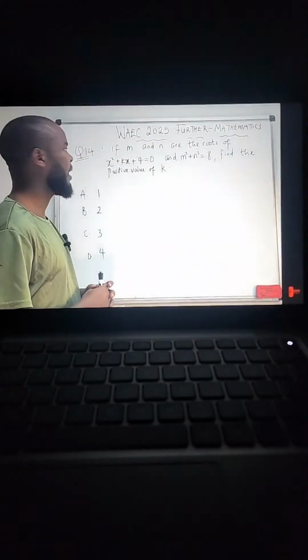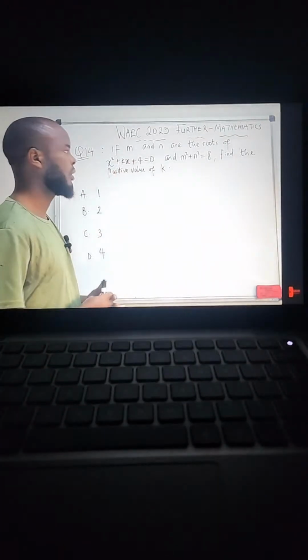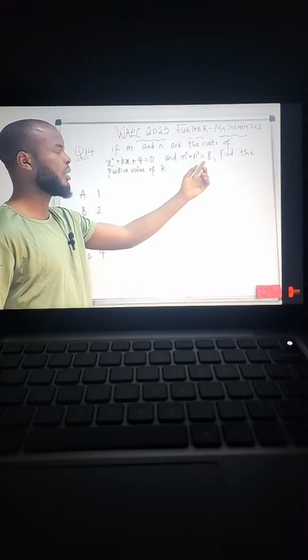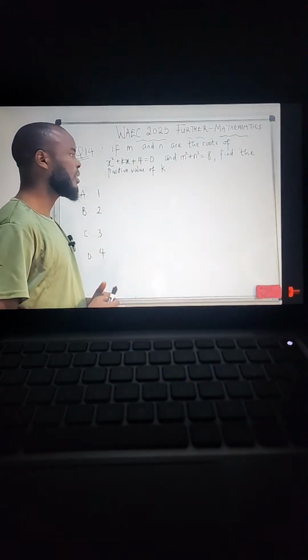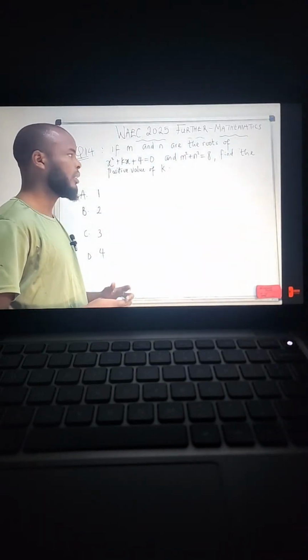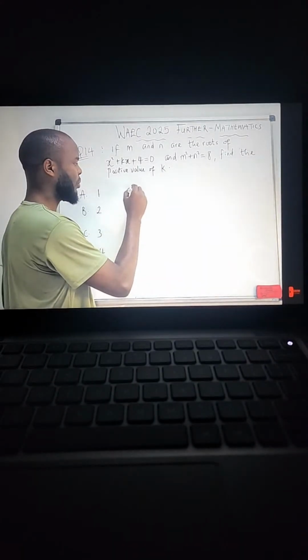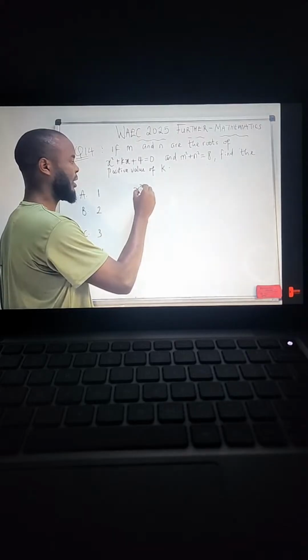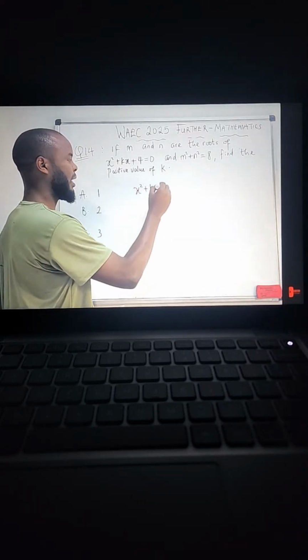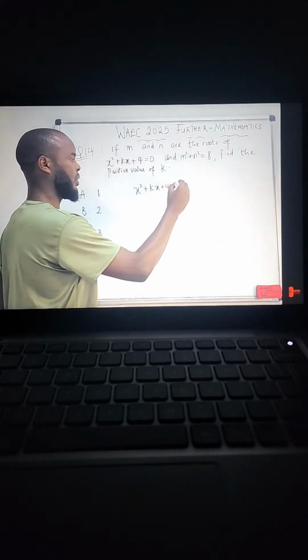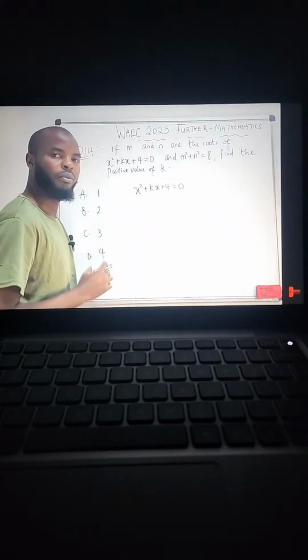Question 14. It says, if m and n are the roots of this equation, and m squared plus n squared equals 8, find the positive value of k. Now, let's go back to something here. We have the equation given as x squared plus kx plus 4 equals 0.